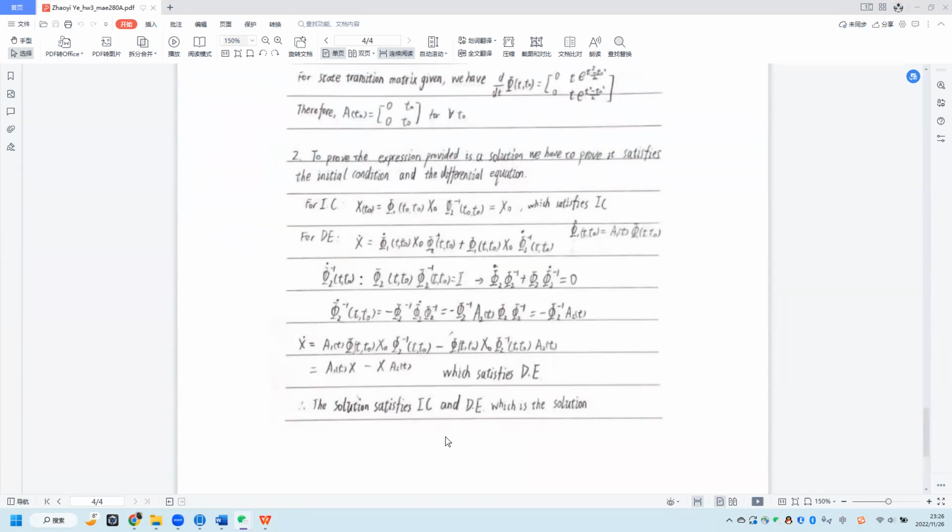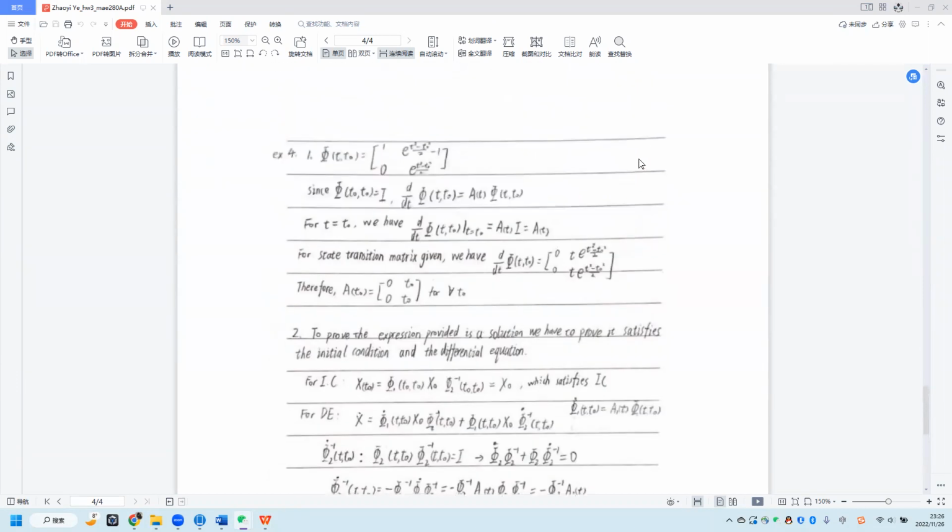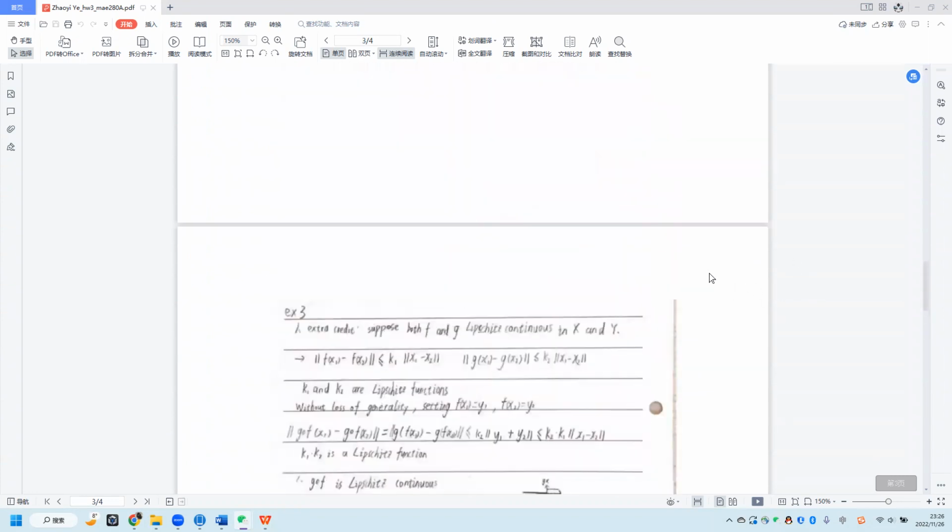The solution satisfies both the initial condition and the differential equation, which means it is the solution the question gave us. And that's all for my homework 3. Thanks.